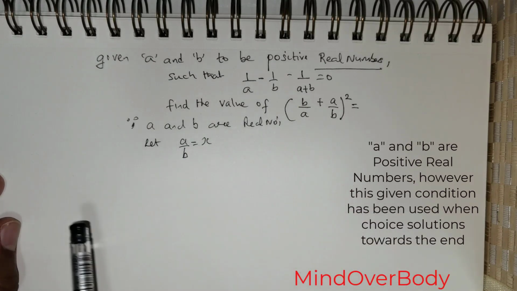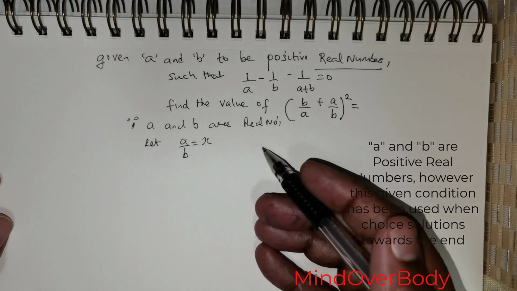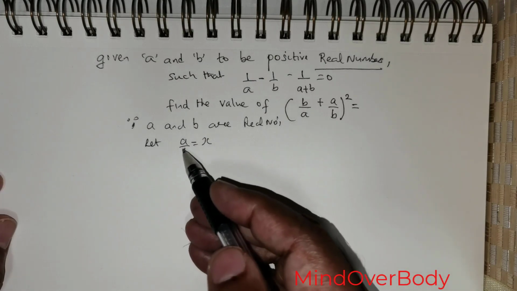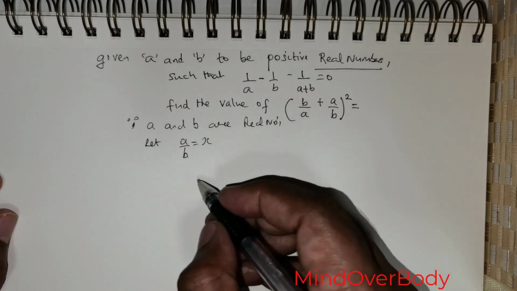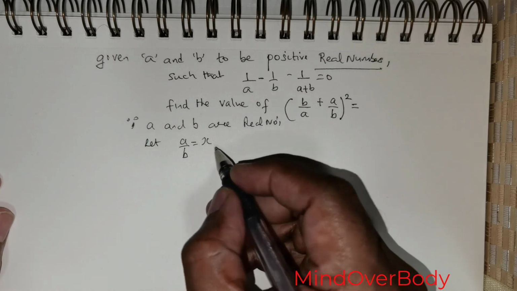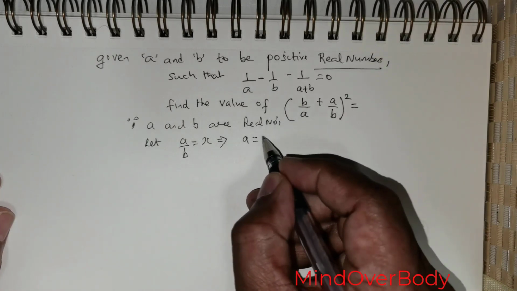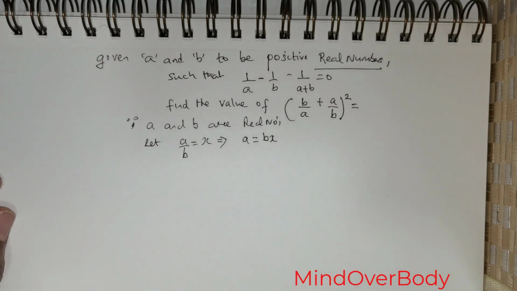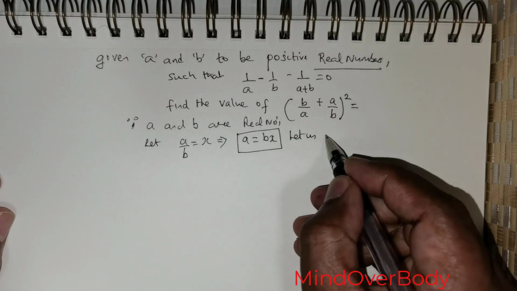This is nothing but a rational number, and real numbers contain rational and irrational numbers. All I'm doing is taking A over B to be equal to some x. Now from here I can make the following substitution. What do I want to substitute? This would mean A is equal to B times x.